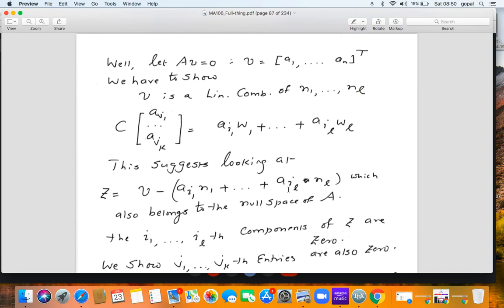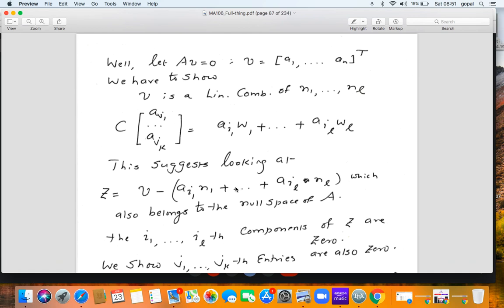But what is there in the I1th slot of n2? 0. The next term will be ai2 n2. But n2 has 0 in the I1th slot.